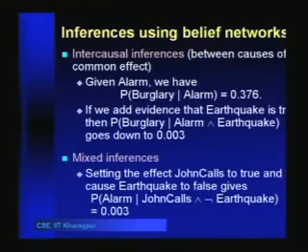Then mixed inferences, like setting the effect John calls to true and the cause earthquake to false, gives the probability of alarm given John calls and not earthquake, right.